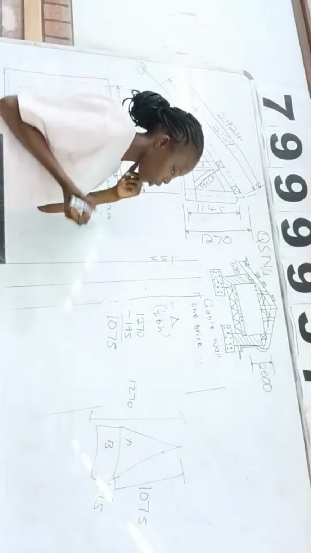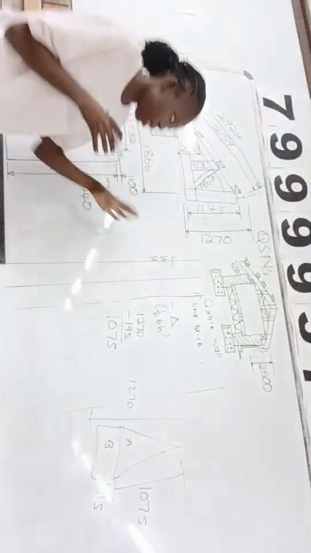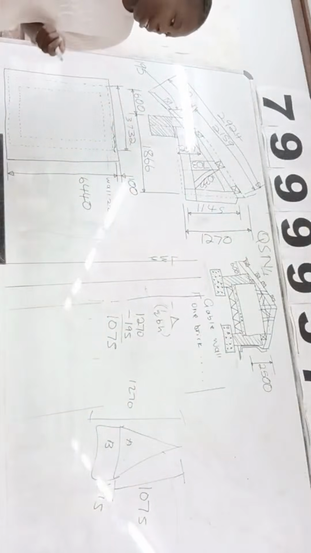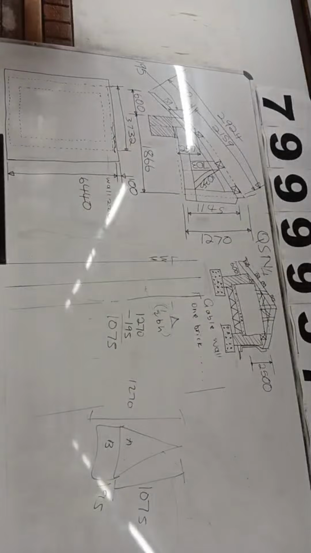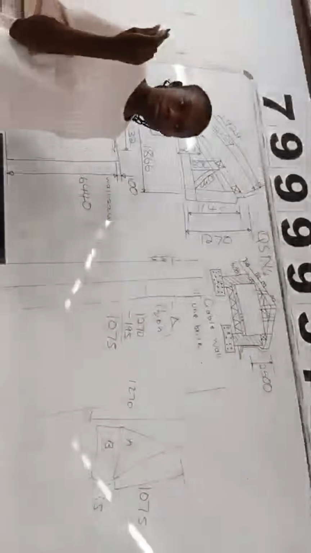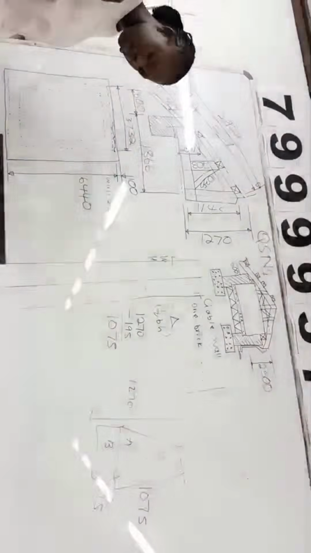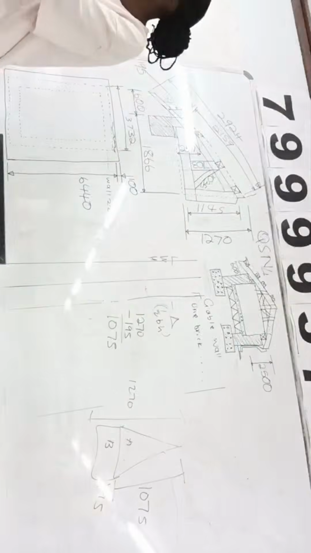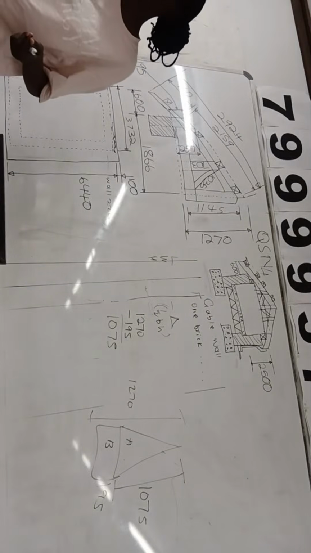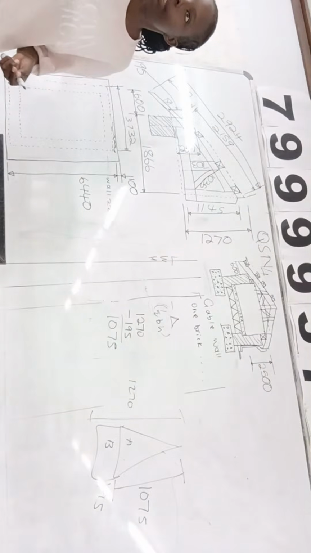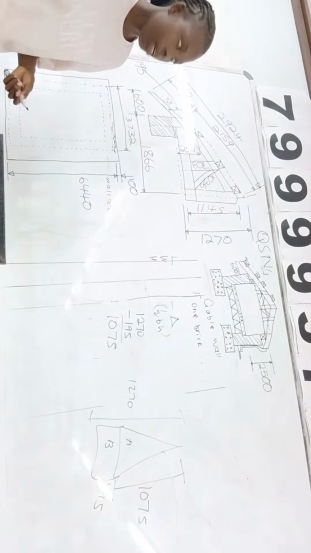So our length, we don't have it. Our width is 3732. Each and every time when you want to write here, you divide by 1000 again. So what is 3732 divided by 1000? It's fine, let's continue.